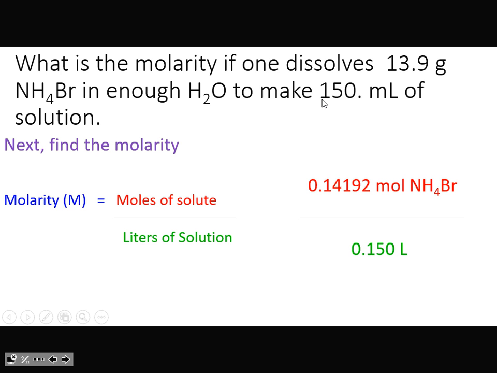Okay, when I do my math and calculate it, I come up with a value of 0.946 molar ammonium bromide. Okay, so that is the concentration of 13.9 grams of ammonium bromide dissolved into 150 milliliters of distilled water.